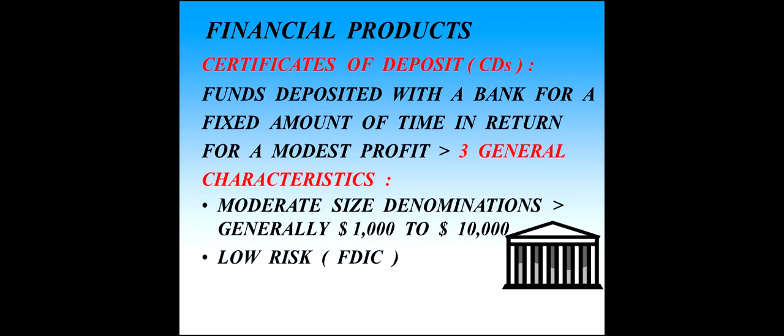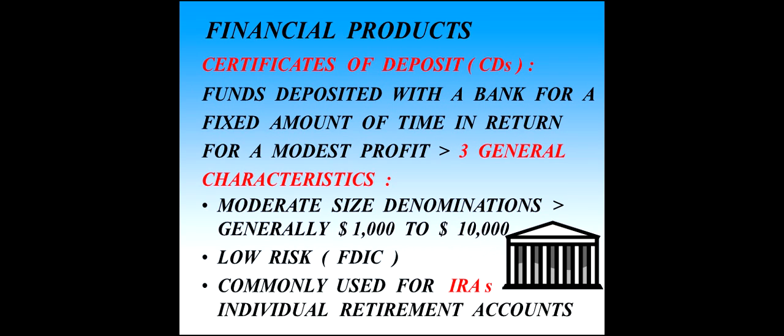They're low risk, and the reason for that is the funds deposited with a bank are protected by the FDIC, the Federal Deposit Insurance Corporation, which I had mentioned at the end of Chapter 12. So the investor's investment is protected up to $250,000. Thirdly, they're commonly used for IRAs, individual retirement accounts.